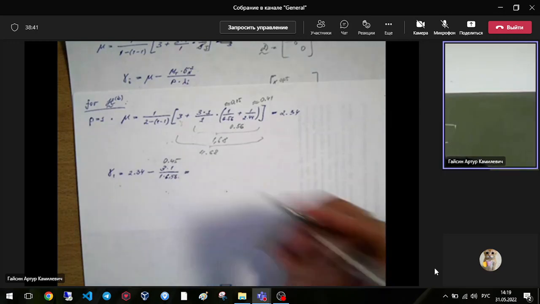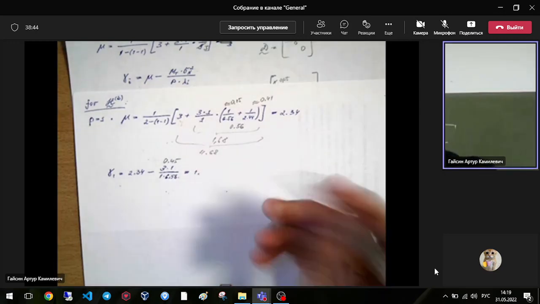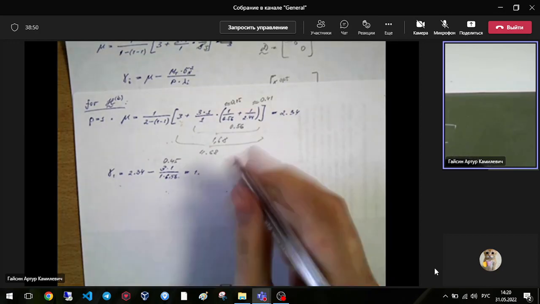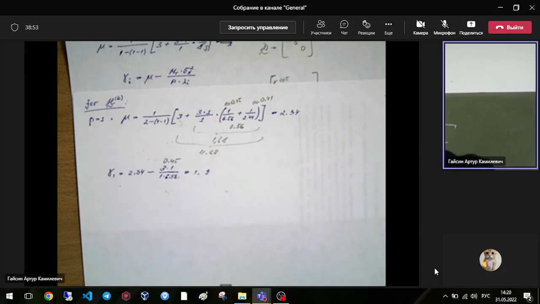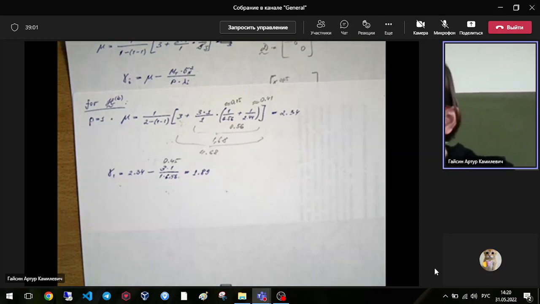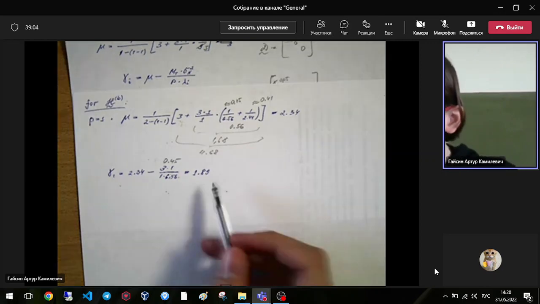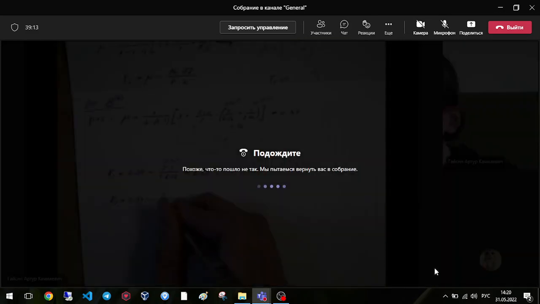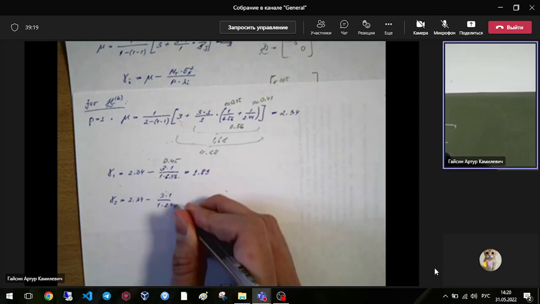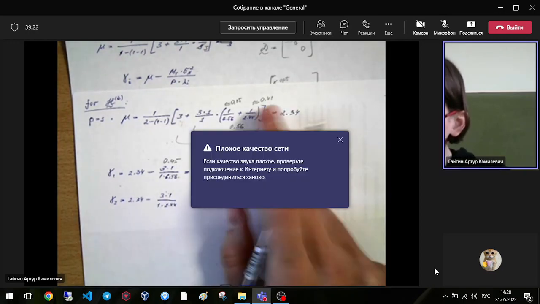In this case, we have 1.89 here, let me check. Yes, something like 1.89. And for the second, 2.34 minus 3 times 1 divided by 1 times 2.44. So this thing is 0.41.